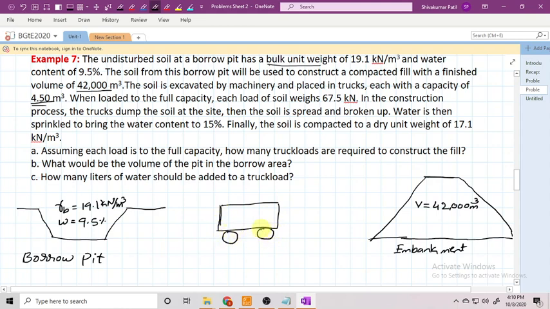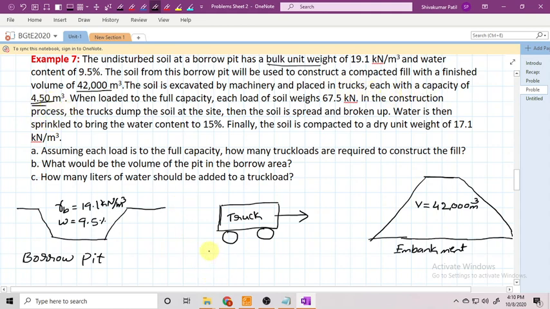So they are removing the soil from the borrow pit, putting it in the truck, and transporting it to the embankment site.